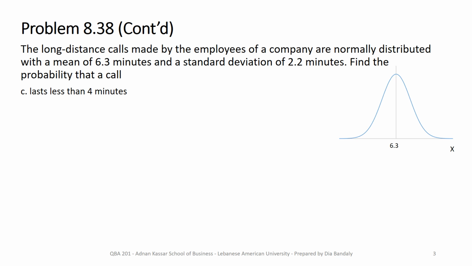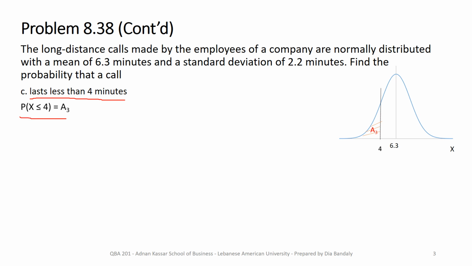All right, last question. Here we want to find the probability that the long distance call time lasts less than 4 minutes. Okay, so let's locate that in the curve. Here we go. So we're looking for this area A3. So we can then write that P of x less or equal than 4 is A3.